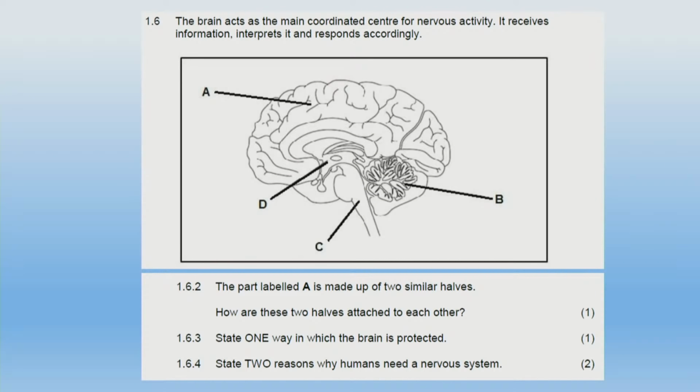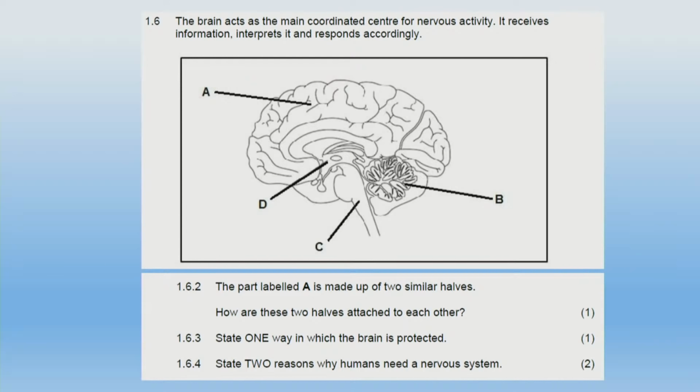1.6.2, the part labeled A, here is part A, is made up of two similar halves. How are these two halves attached to each other? You still remember that the two halves are attached to each other by what is called the corpus callosum. Please remember, this is the corpus callosum on the brain, not the corpus luteum.